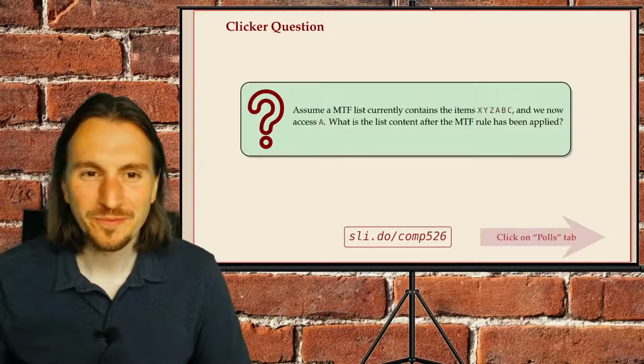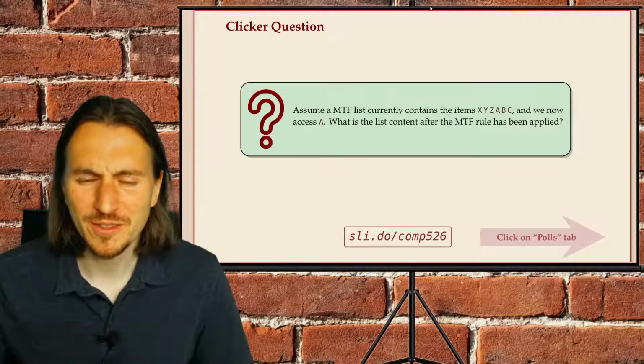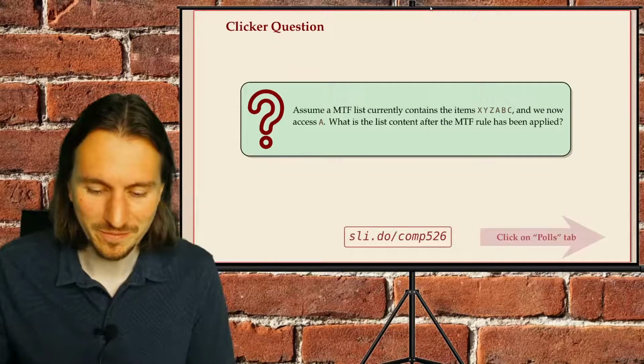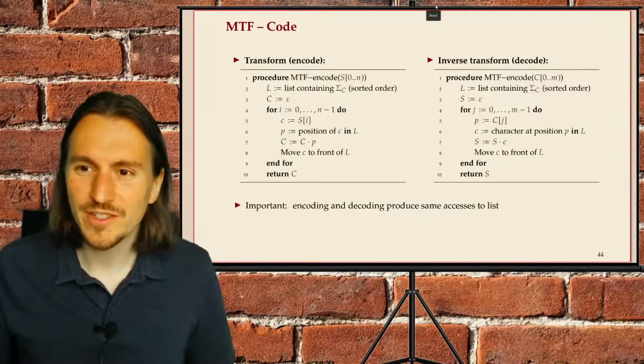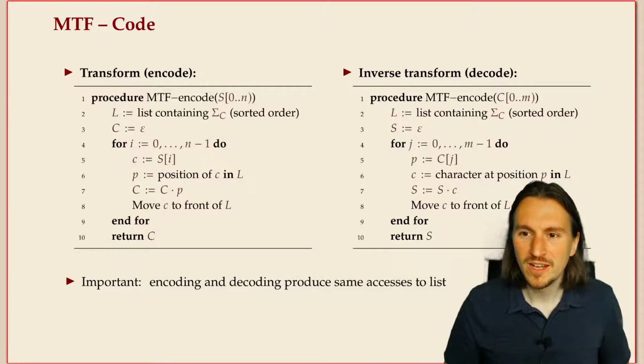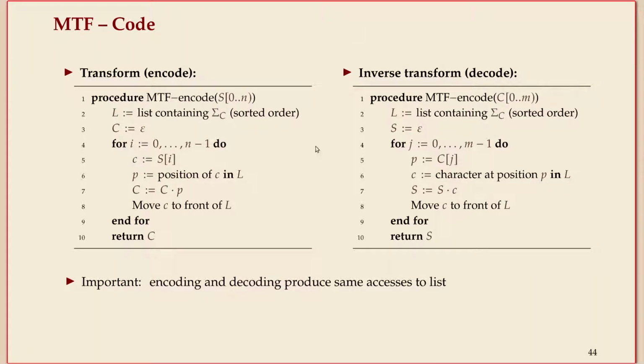That's how it works. Now, first question is, why should that be any good? Second question is, can we invert it? Can we get the original text back? The answer is yes in both cases. Let's first look at the second question. I want to show the two pseudocodes just next to each other because they do the very same thing.